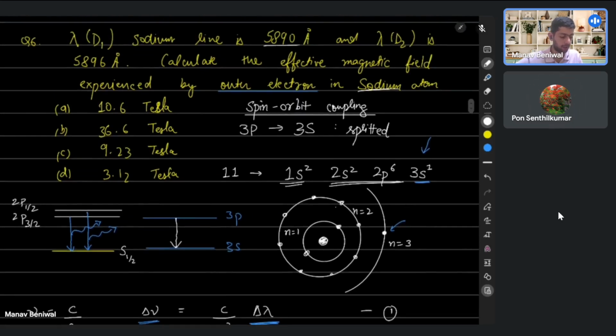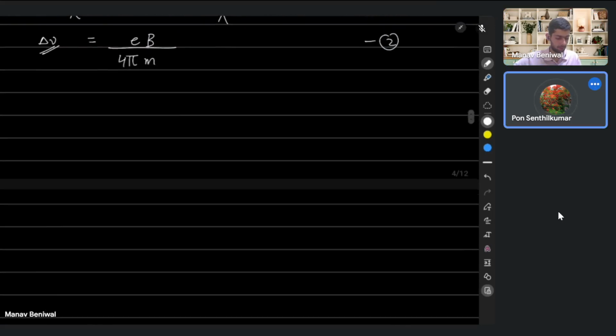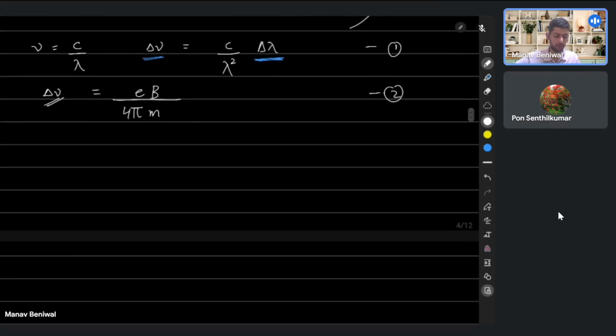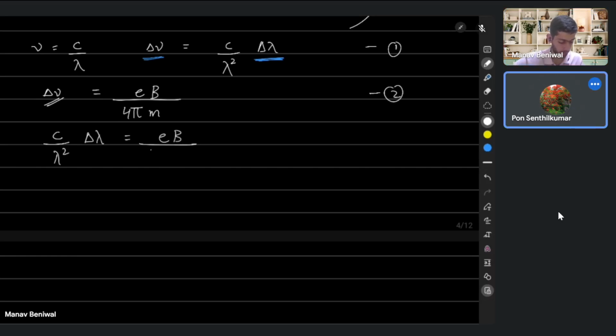You can see we are given wavelengths and we are not given frequencies. So we can replace delta nu by delta lambda, and the equation becomes in terms of differences. So this is what we will get.